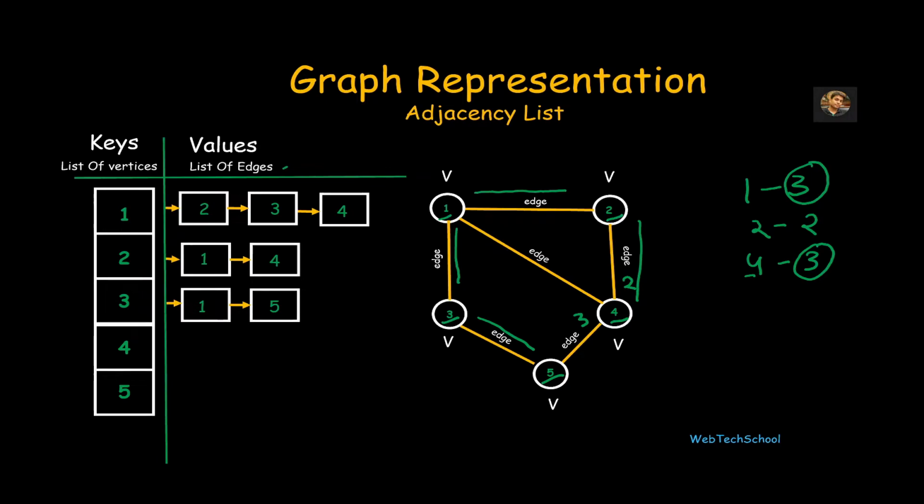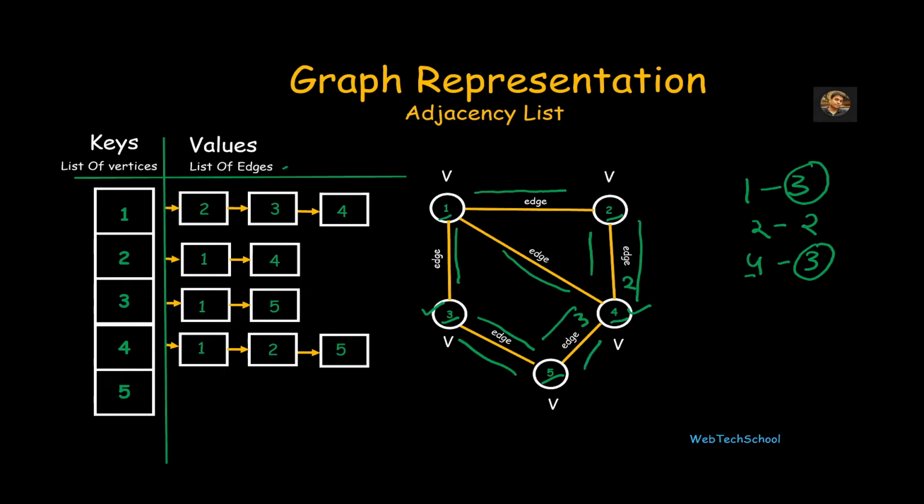For 4, we have 3 edges: 1, 2, and 5. So we'll create 3 nodes for vertex 4. We'll insert 1, then at the end of this node we'll insert 2, and then at the end, we'll insert 5. For vertex 5, we have edges to vertex 3 and vertex 4.